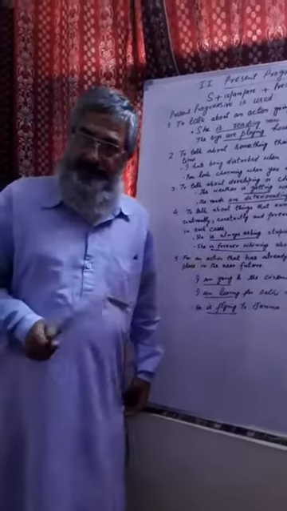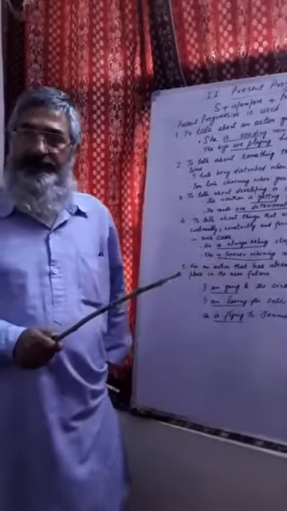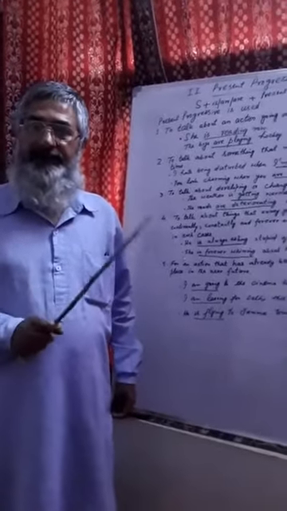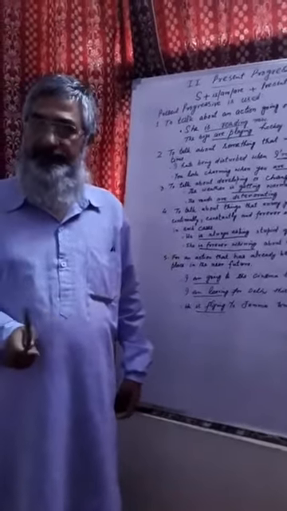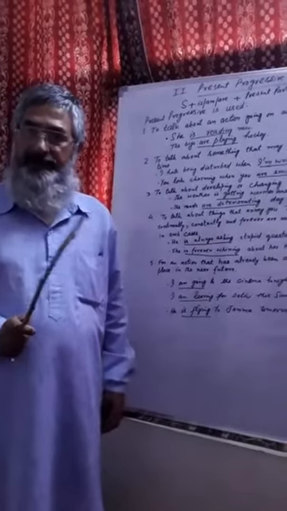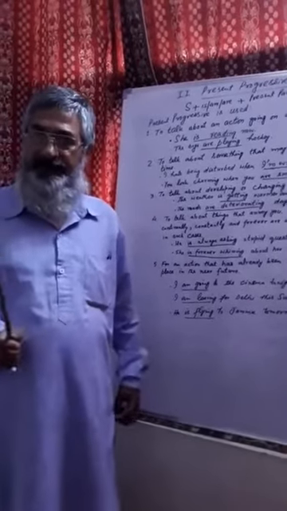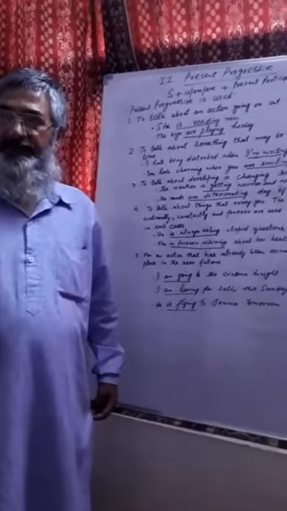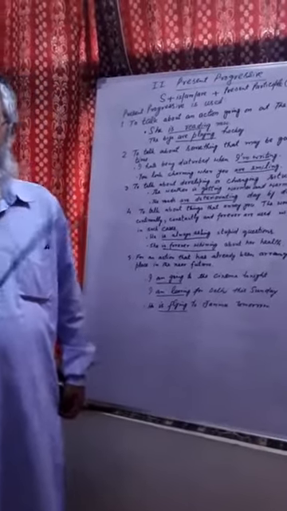In the previous lesson, we learned what the simple present is. In the simple present, we use subject plus first form of verb. And the simple present is used in a number of cases.